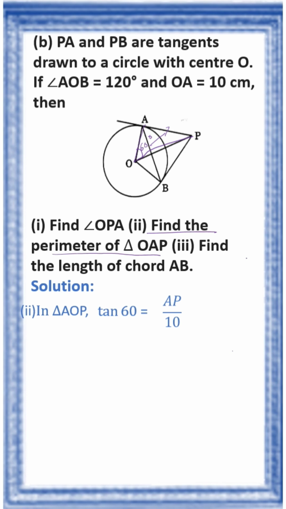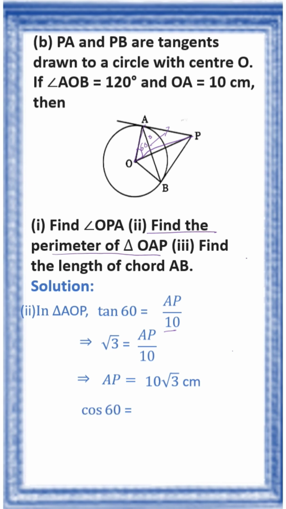OA is given, that is 10 centimeter. Tan 60 is root 3, that is equal to AP by 10. So AP is equal to, now we have to find all the sides of triangle OAP. OA is given, that is 10 centimeter. AP, now we are finding out. So AP is equal to 10 root 3 centimeter.